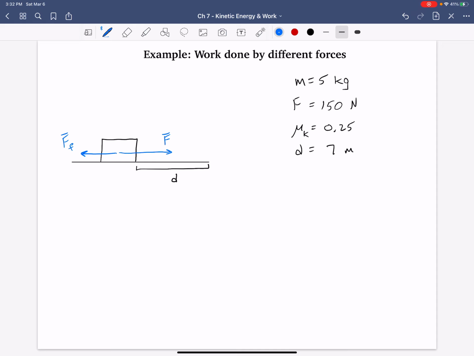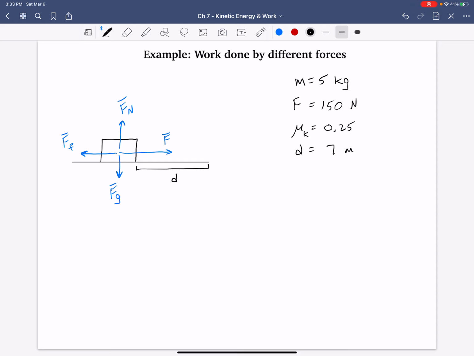And it's resting on that surface. So we have the force of the surface on the box, right? The normal force, and of course the gravitational force on the box pulling it down. So Fg or of course mg. So let's go through these and calculate the work done using the equation described in the previous video.